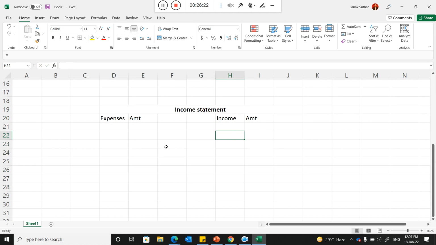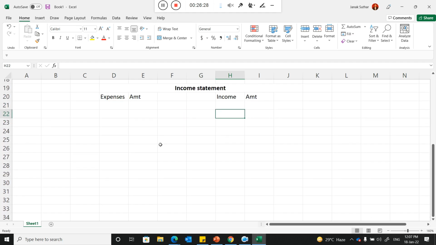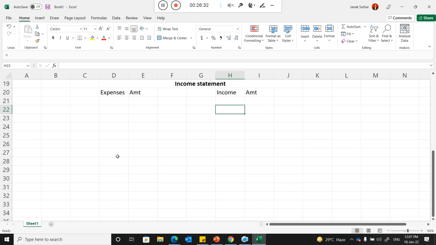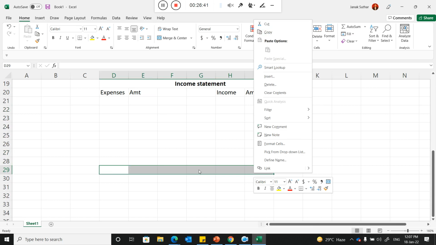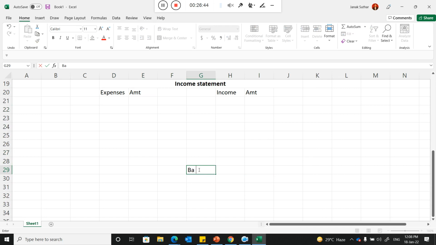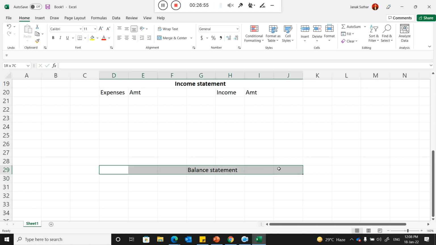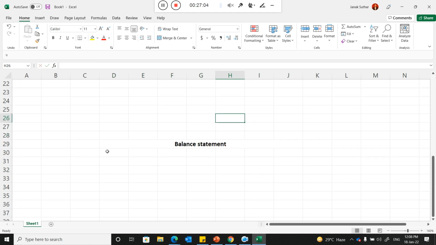Okay, income amount you have, expenses amount you need to identify, and the next statement will be the balance statement. So I just put here the balance statement. In the balance statement, you will write the equity as well as the assets of that particular organization.